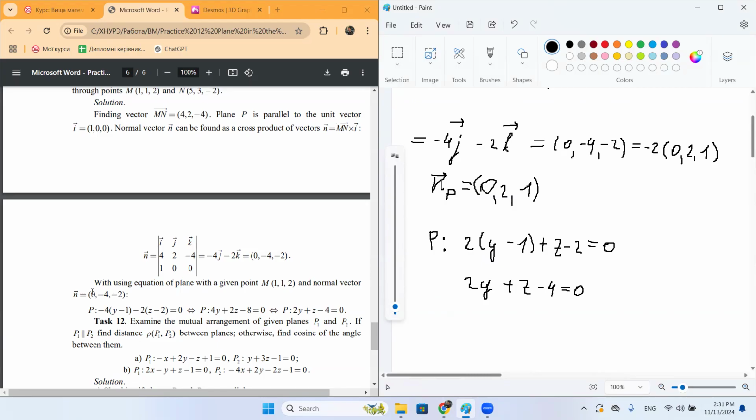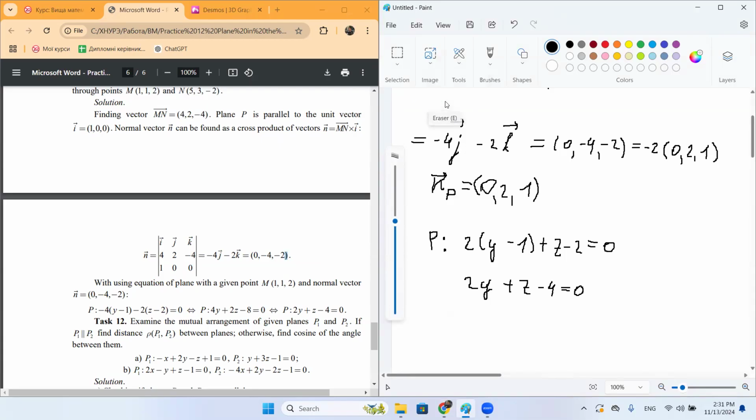Here I didn't move -2 out of the brackets, we have -4, -2, and after that just reduced it. So it's easier to simplify the normal vector before than to simplify the whole equation. This way is simpler than here. Okay, thank you.